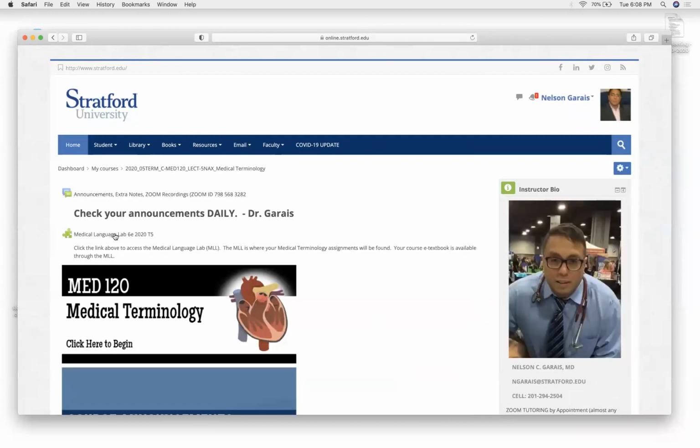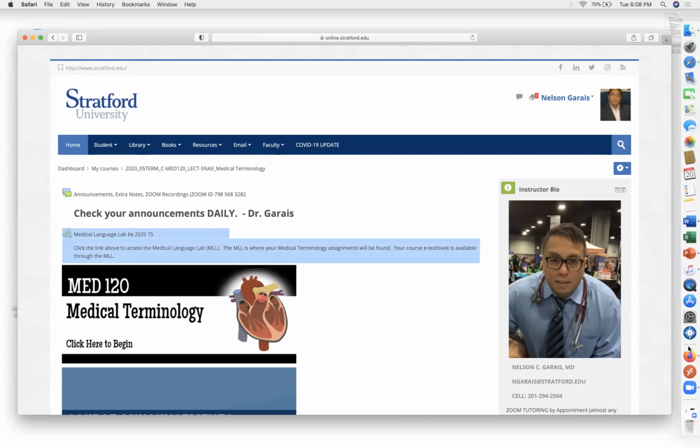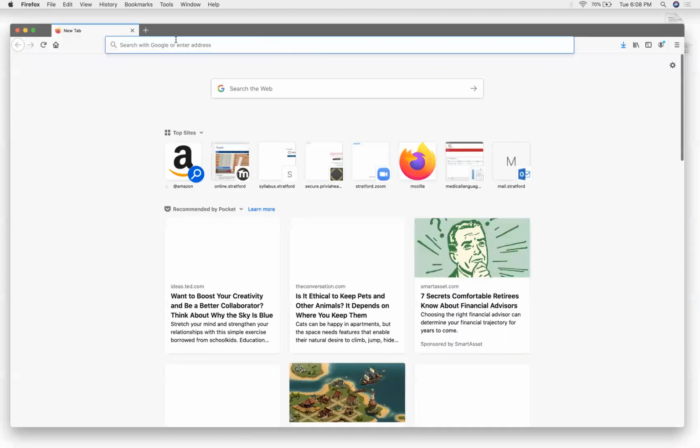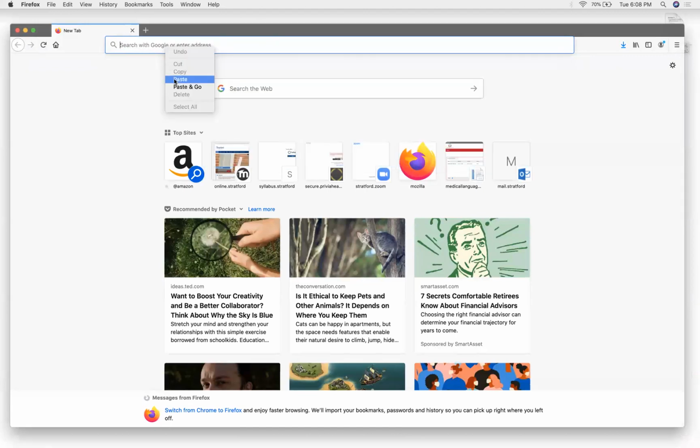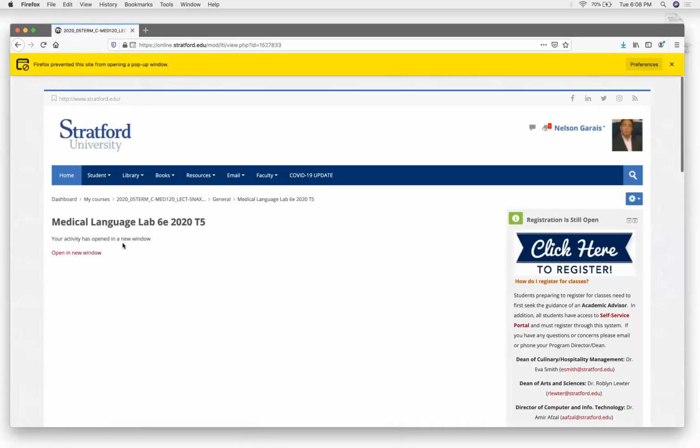I can go into my medical language laboratory, which, by the way, I totally forgot. Copy link. Because I'm on a Mac, it doesn't like Safari. I gotta do this. Okay.